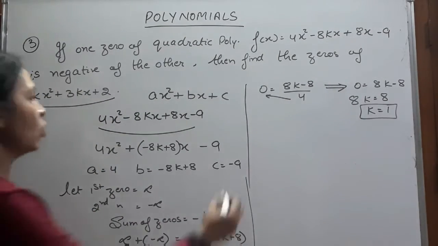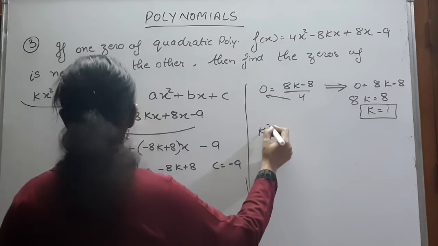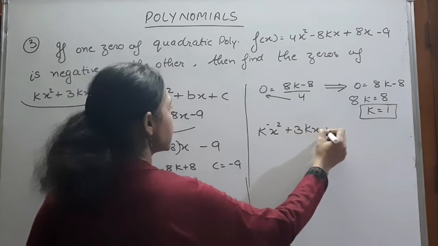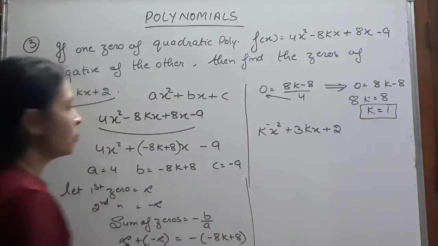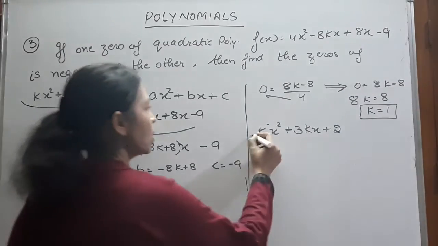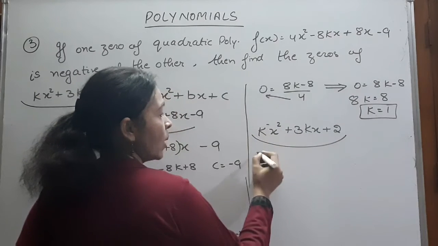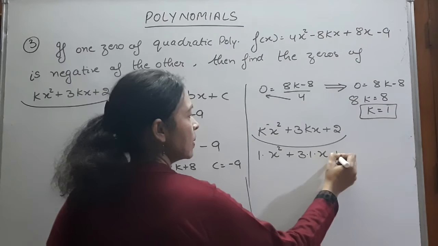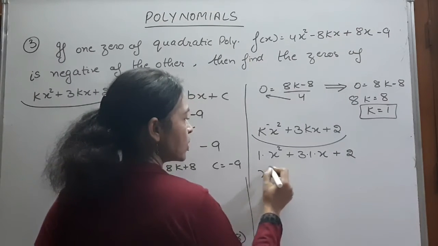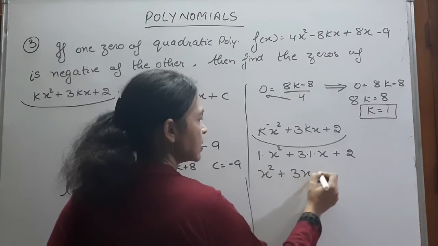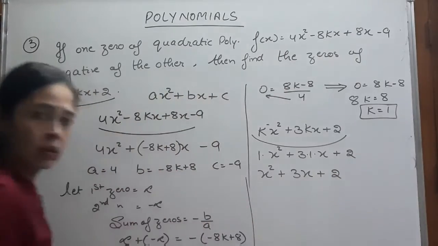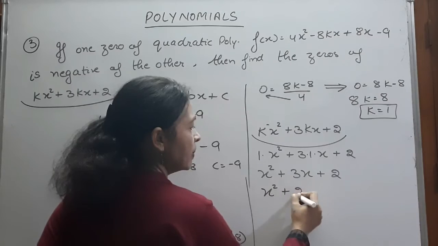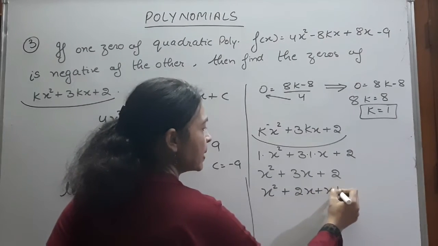Now we have to find the zeros of kx square plus 3kx plus 2. Putting the value of k in this polynomial, 1 into x square plus 3 into 1 into x plus 2. We have x square plus 3x plus 2. While factorizing, we will get x square plus 2x plus x plus 2.